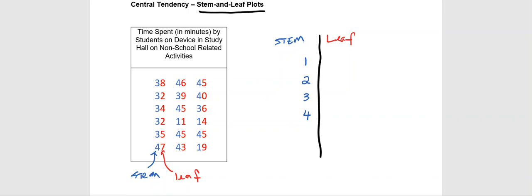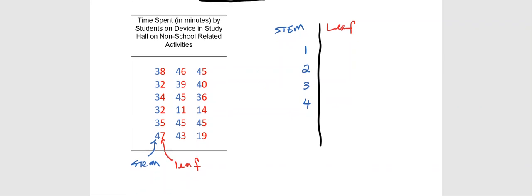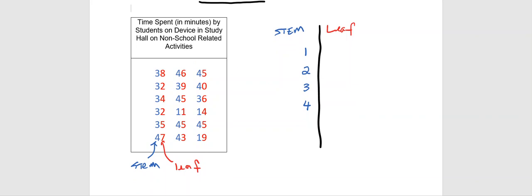Now what we're going to do is go back and look at our data to determine our leaf values. So as I go through my data, and I'm going to start listing my leaves in order, every time I find a value that starts with the 1 in blue, a value in the teens, I'm going to list the leaf value that goes with it over in this right side column.